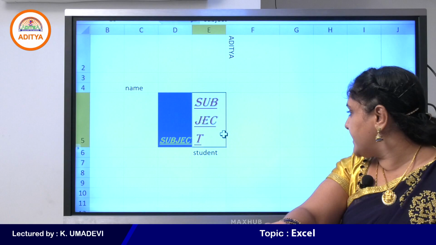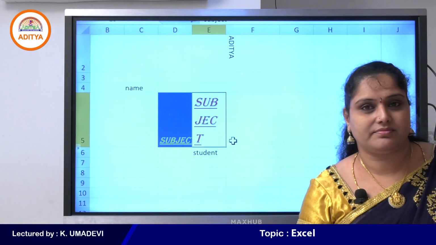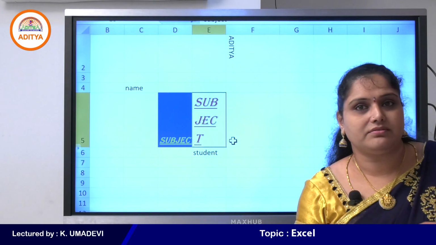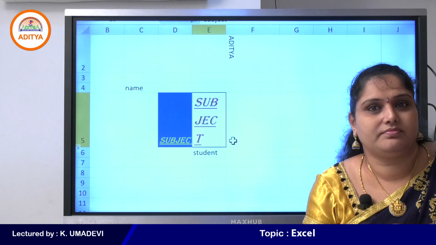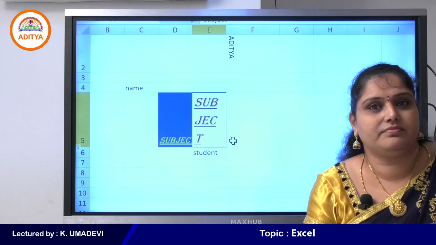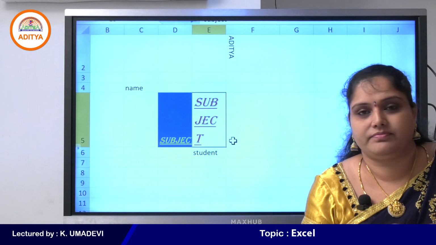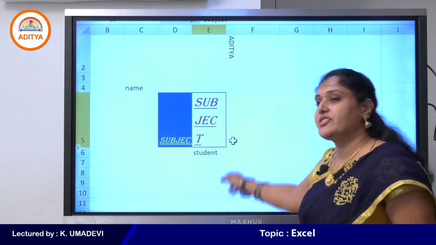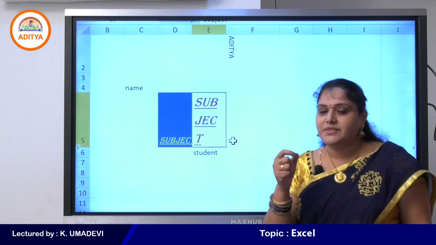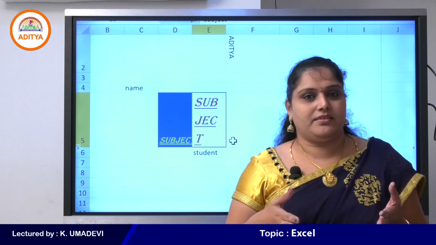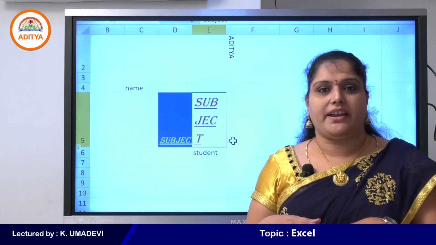So did you notice any changes here, students? What happened here? See, what are the changes you observed here, students? Come on, tell me. See, wrap text displays the text in multiple lines, okay?